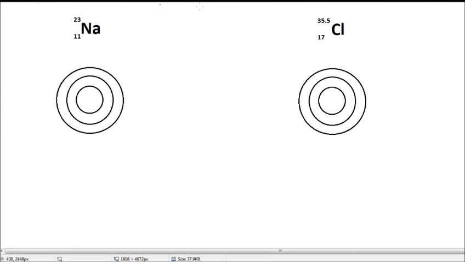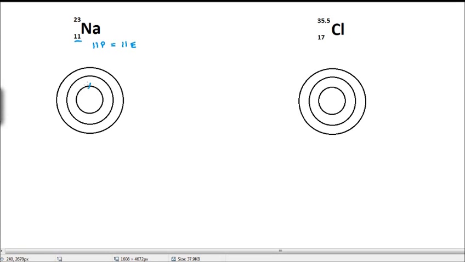We're going to quickly skim through these, and these are going to be our examples for this activity. So we've got sodium here, with a proton number of 11, so if there are 11 protons, then there must be 11 electrons as well. We're just going to skip straight ahead to the electrons, because that's what we're focusing on today with ions and ionic bonding.